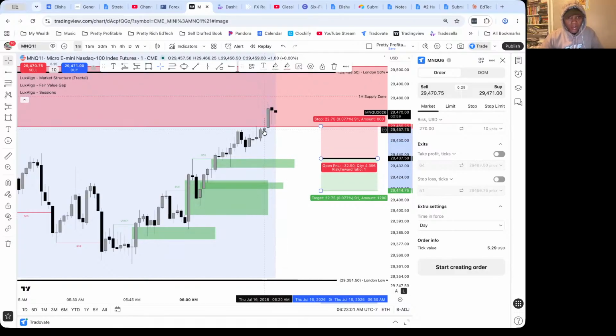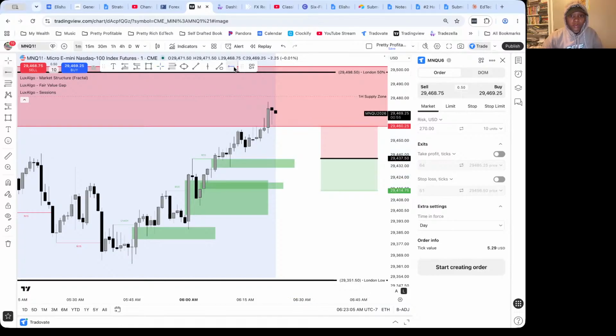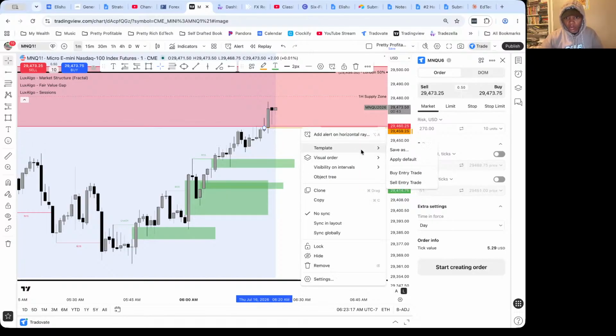So this over here. Let me use this one also. If it closes below that, I could look right there to enter for a sell.